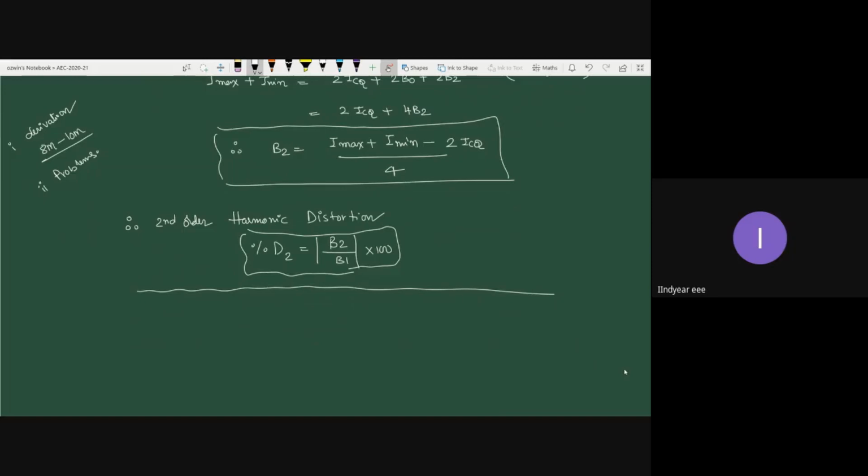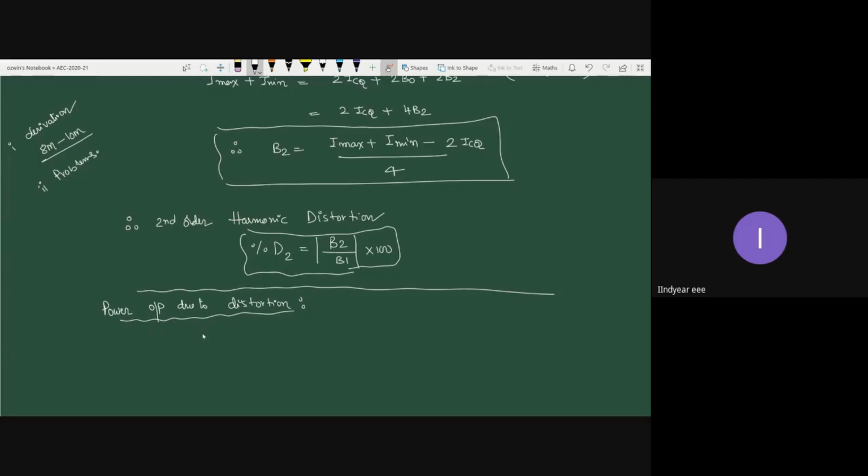Now, there's a small derivation regarding power output due to distortion. Again, you can derive this, but this is not that significant. So what I will do, I'll just give you a ready-made equation, which is easily understood.